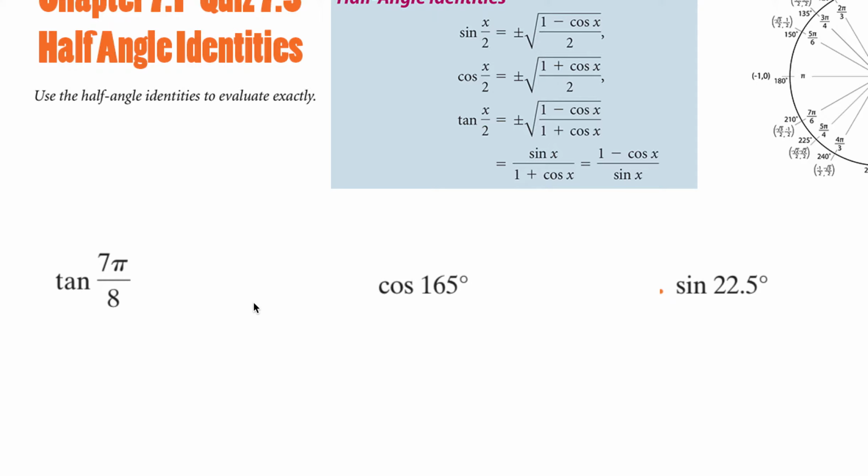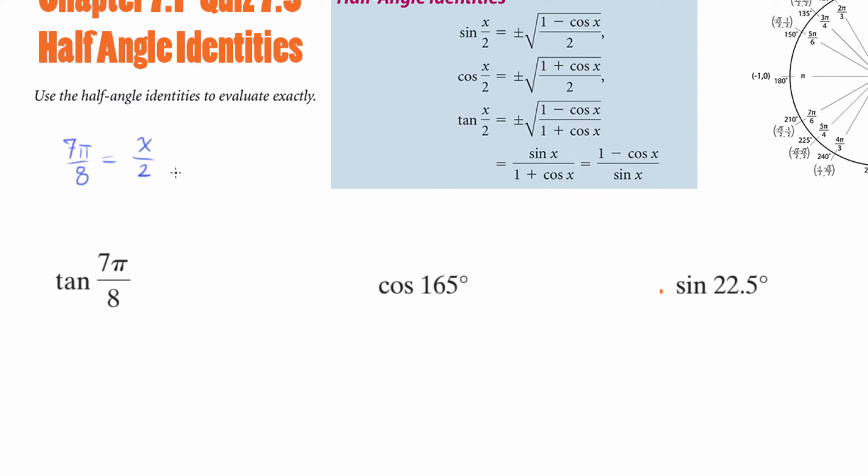Now, what I want you to do, and this is how I would do it. Again, if you find an easier way to solve it, that's fine with me, as long as it's correct, right? So I want you to take the angle, in this case 7 pi over 8, and then I want you to equal it to x over 2, which is your half angle.